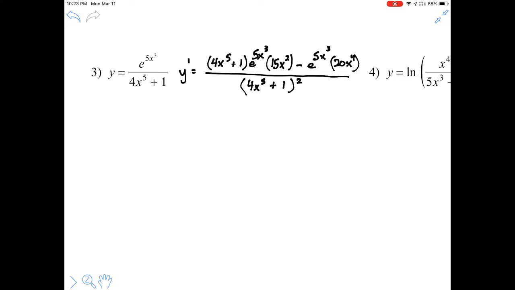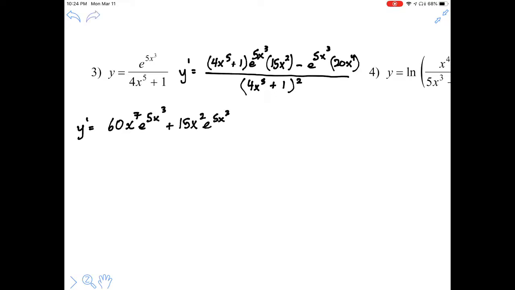Now we need to clean up that numerator. So what I'm going to do is distribute into that parenthesis and then combine those two terms right there. So we're going to have 15x squared multiplied with the 4x to the 5th. That's going to be 60x to the 7th times e to the 5x cubed, and then I'm going to multiply this to that 1, so that's going to be 15x squared times e to the 5x cubed.